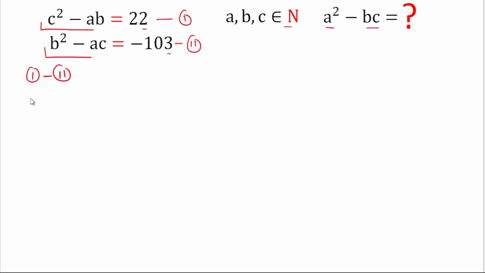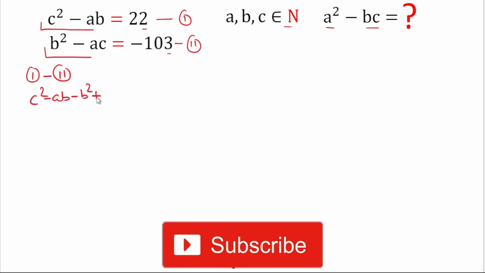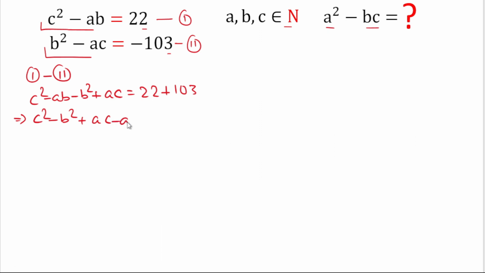Then we'll get the left hand side of equation 1, that is c square minus ab and negative b square, and here minus and minus plus ac, that is equal to 22. Here minus and minus plus, that is 103. So now we'll rearrange, this will become c square minus b square and plus ac minus ab, that is equal to 22 and 103 is 125.